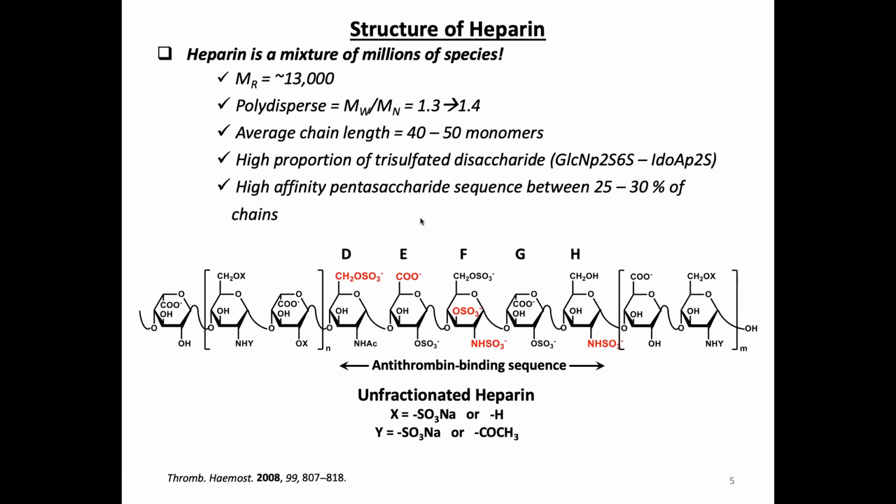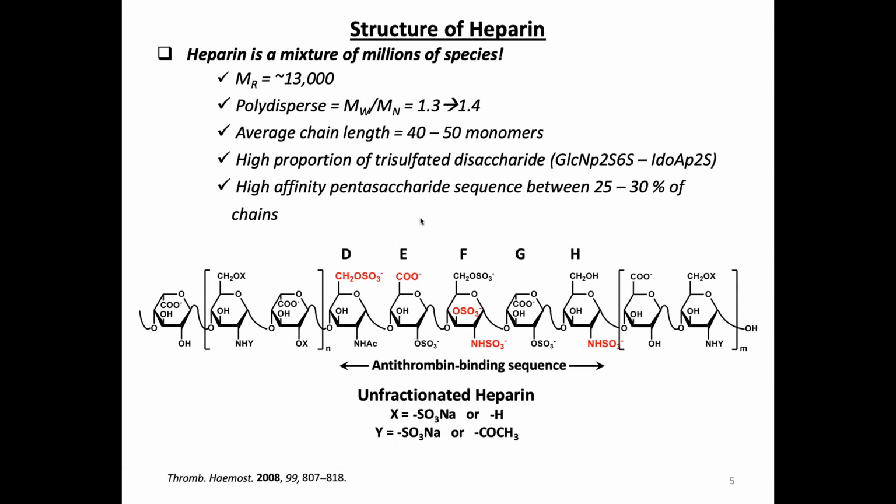Glucosamine, which doesn't carry any 6-sulfate. Then you have a glucosamine carrying N-sulfate and 3-sulfate. Then you have an iduronic acid carrying 2-sulfate and a glucosamine carrying N-sulfate. So that's the structure of the antithrombin binding pentasaccharide. This is a mistake, this should be OH. And this is the sequence that recognizes the antithrombin protein with very high affinity.